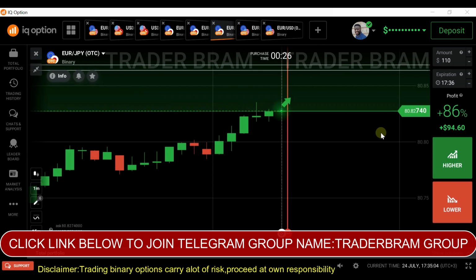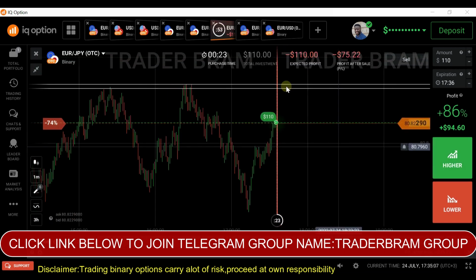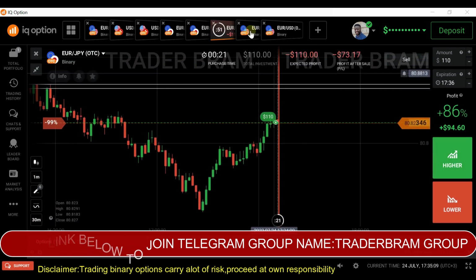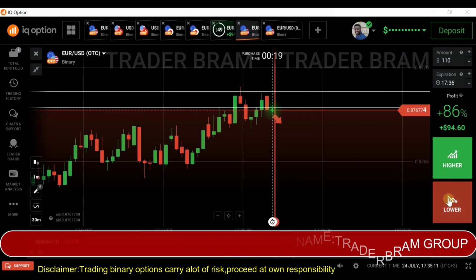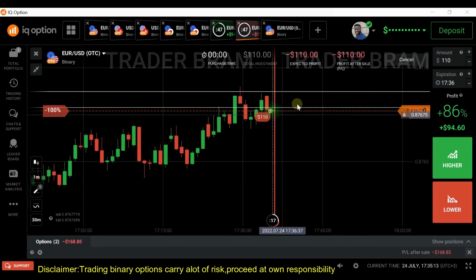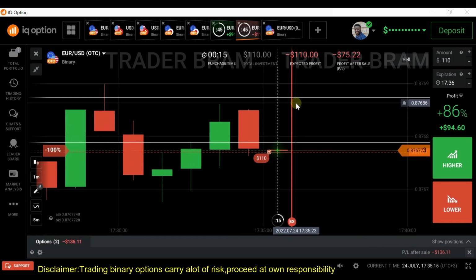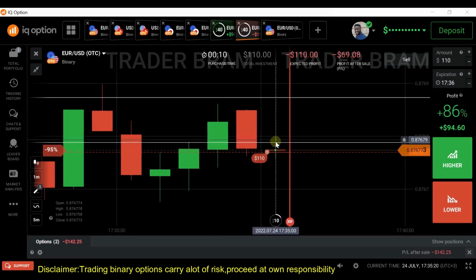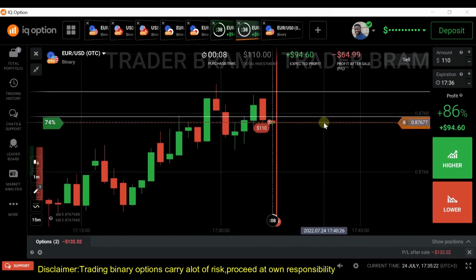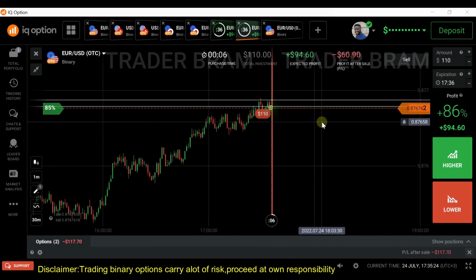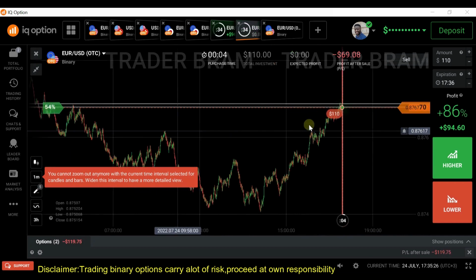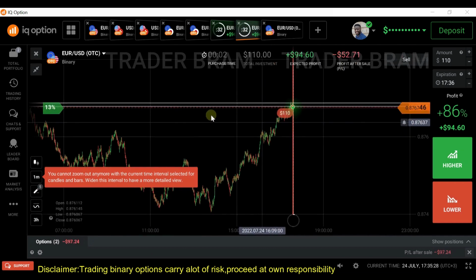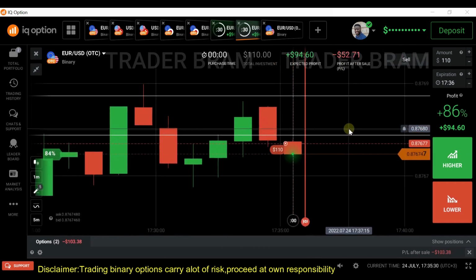Call option. So we failed to break this area and we closed below the level. Your best entry could be on the level of support and resistance, but since this is a strong level, I've chosen to enter immediately. So let's wait and see what happens.